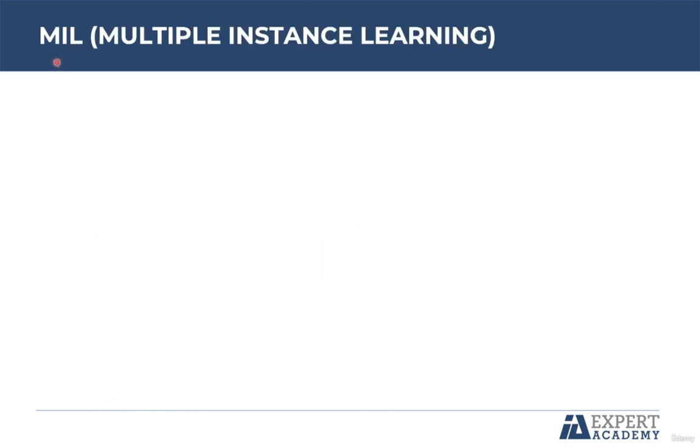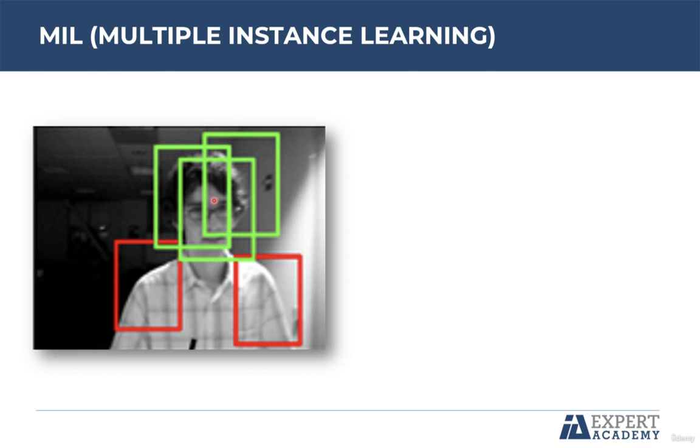The next one is MIL, Multiple Instance Learning, and generally it has better results than boosting. The training is quite similar, and see that in this image we have the positive examples in green. Let's suppose you selected only this region of the image where I am pointing the mouse.